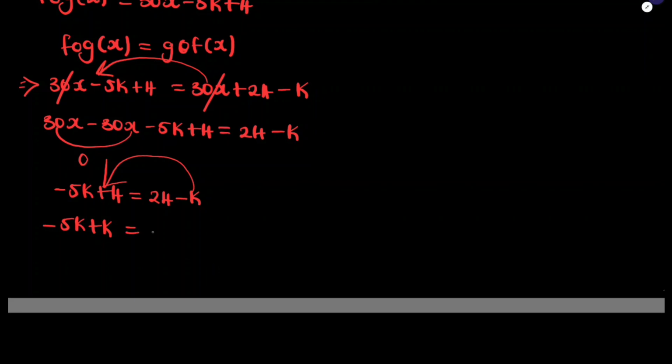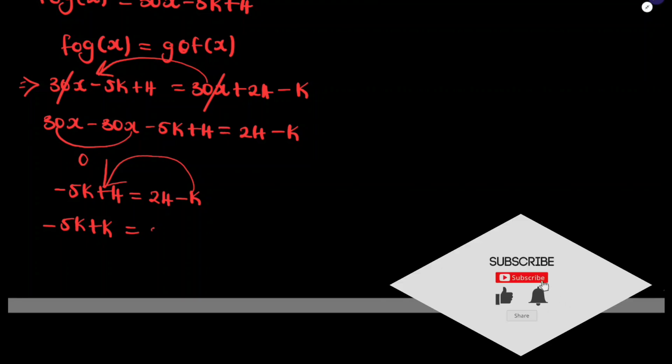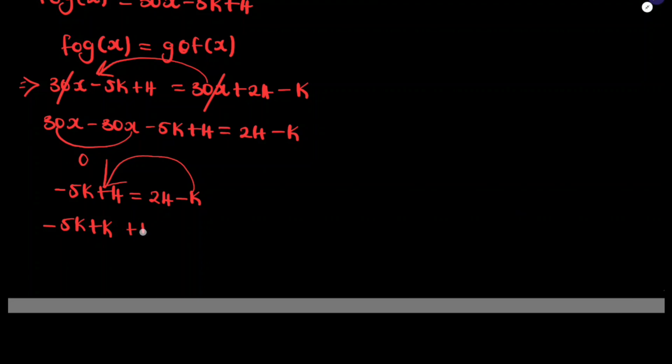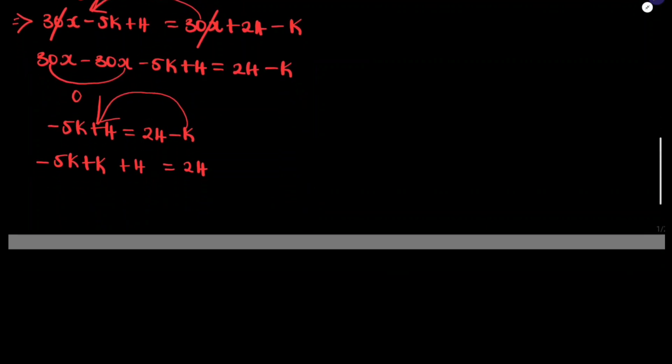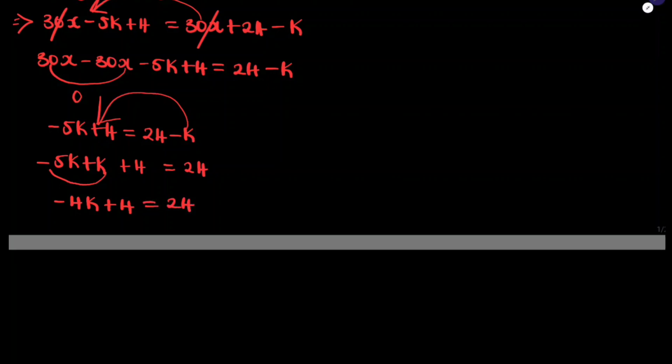We still have 4 there, so this is plus 4 equal to 24. These are like terms, so we can simplify it. What is minus 5k plus k? That's minus 5k plus 1k, which gives us minus 4k plus 4 equal to 24.